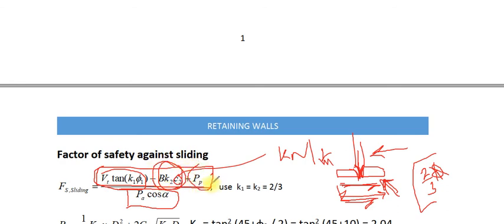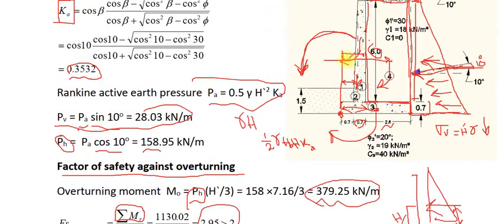The third component that may contribute to the resistance is the passive force here. Since there is soil here, when the force tries to slide the structure in this side, the passive force here tries to resist, and the passive force can also be obtained using Rankine theory.